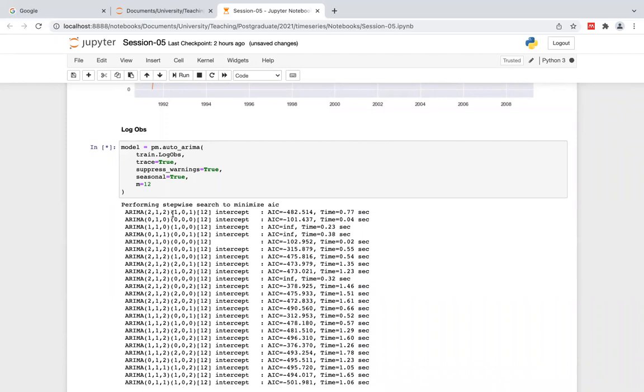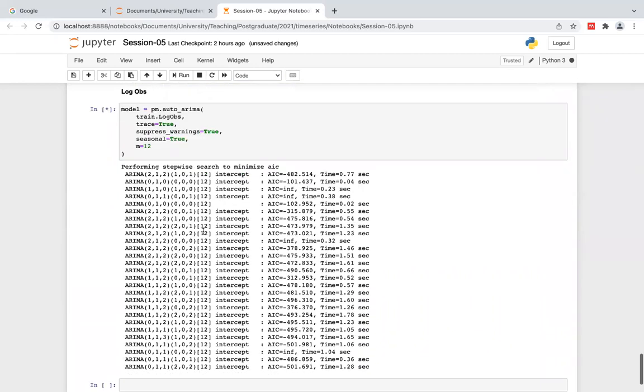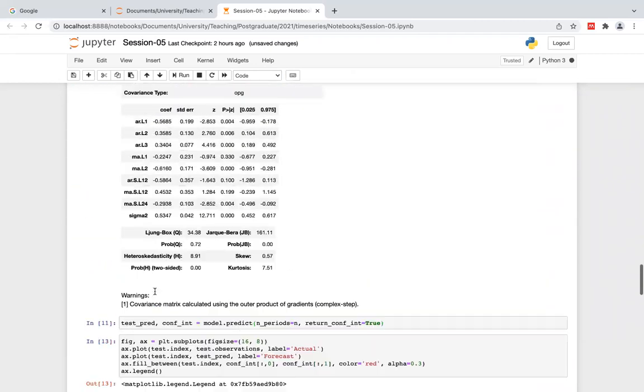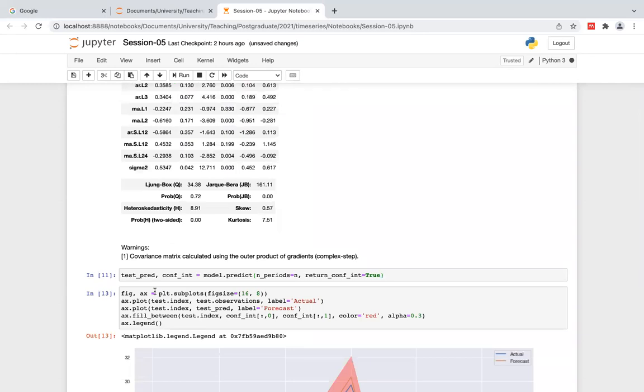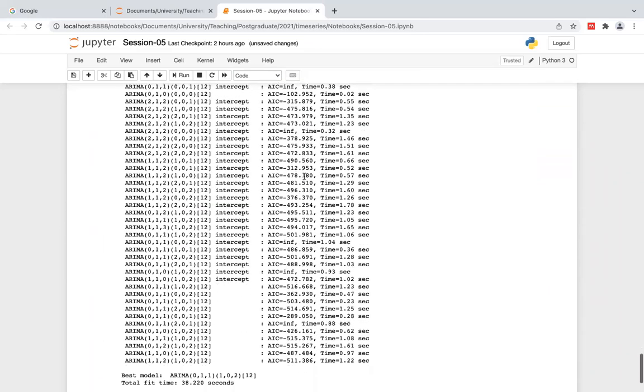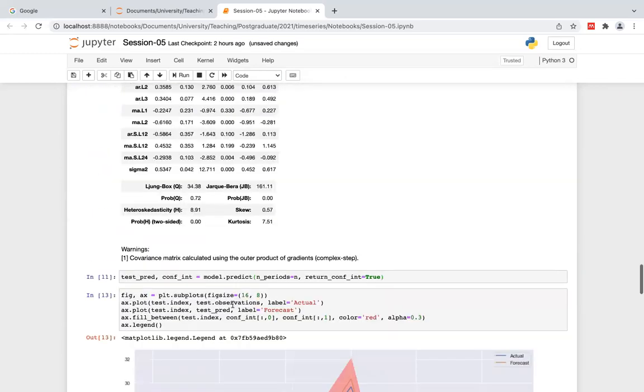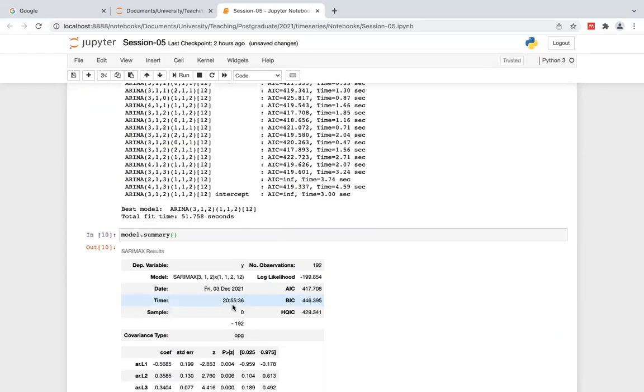Then there are some parameters like sequence type and so on. In that case, the best model is ARIMA 011 102. Previously, what was the best fit? 312 112.